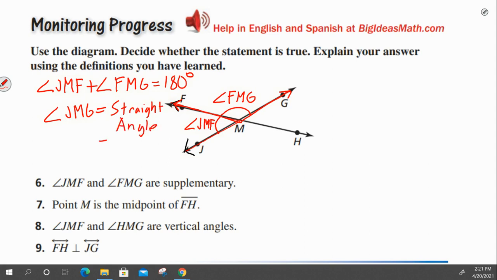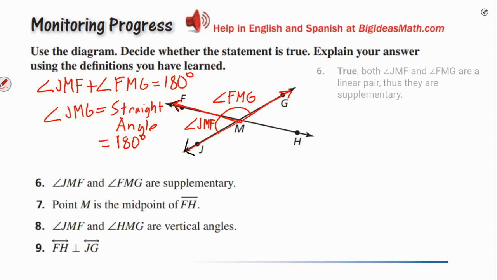And a straight angle is equal to 180 degrees as well. So because JMF and angles FMG lie on angles JMG, we would say that that is in fact a true statement. So both JMF and FMG are linear pairs to each other, thus they are supplementary of each other. They add up to 180 degrees.